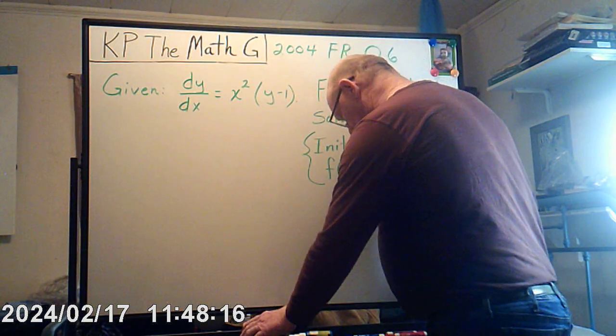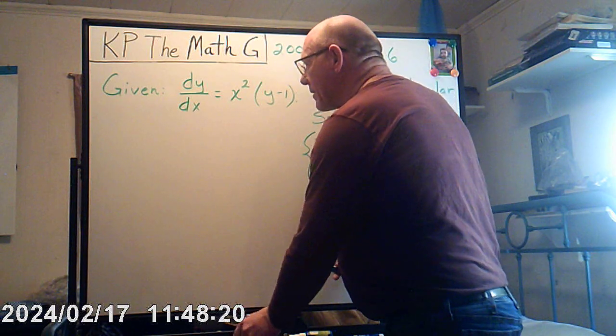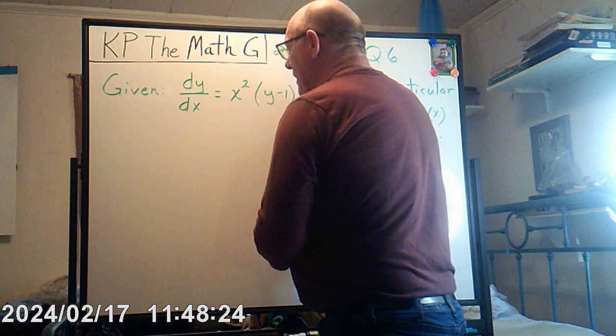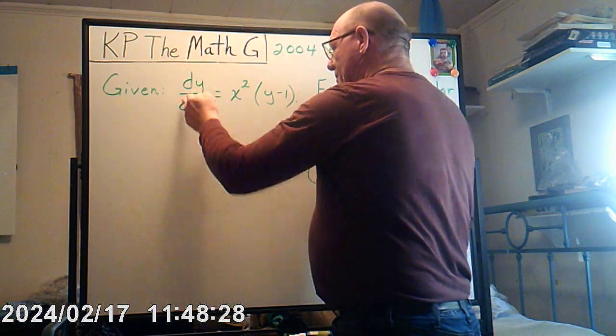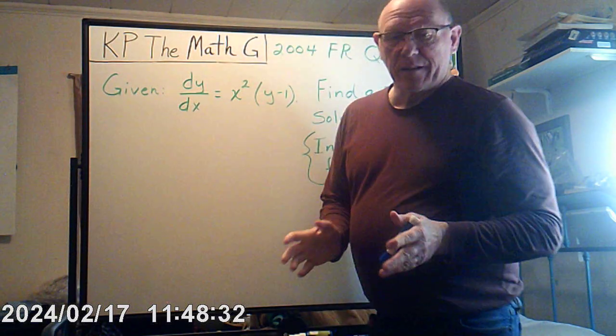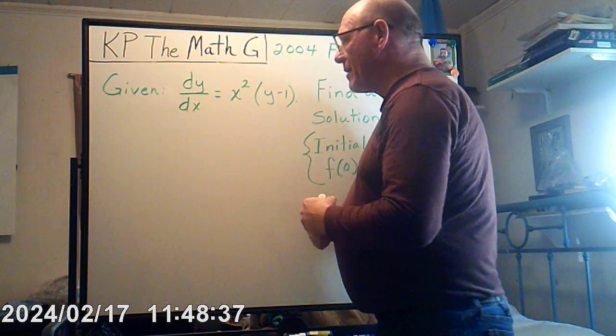Let me erase this word given, and we'll leave it up there. Okay, so I want to get rid of this dx here. It doesn't matter what order you do this in, everybody, but I always like to get rid of my denominator if possible.